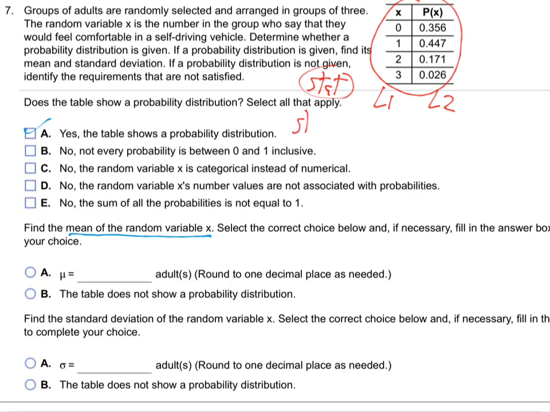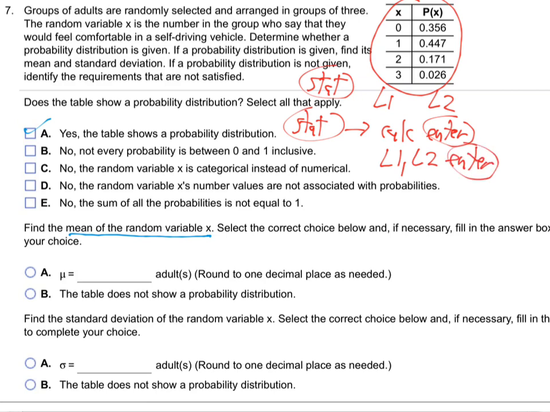And then when you're done, you hit stat again. Go over to calculate, hit enter. And before you hit enter, you've got to put L1, L2, enter.